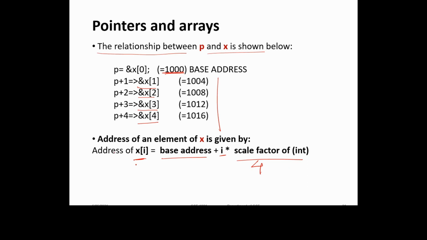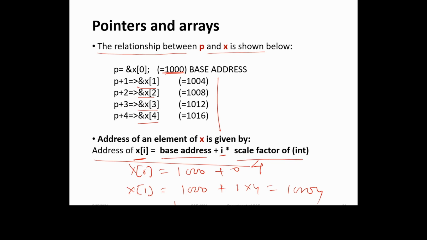And we can access x[0] = 1000 + 0, x[1] = 1000 + 1 into 4, that is 1004, and so on. So this is basically a formula for calculating the address of each and every element at different locations.